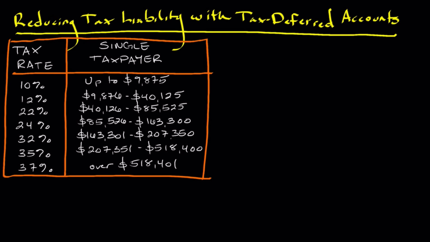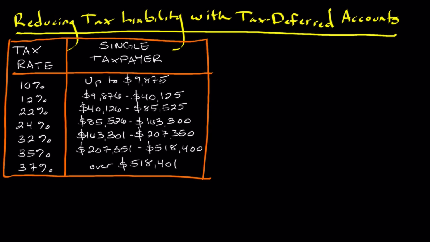We don't pay taxes on them initially, and instead the money is then taxed later on when we withdraw it from the account. And so there's a little bit of strategy behind whether or not to get taxed now, like in a Roth IRA, or defer taxes to later. That's outside of the scope of this video, but maybe something to research on your own if that is relevant to you.